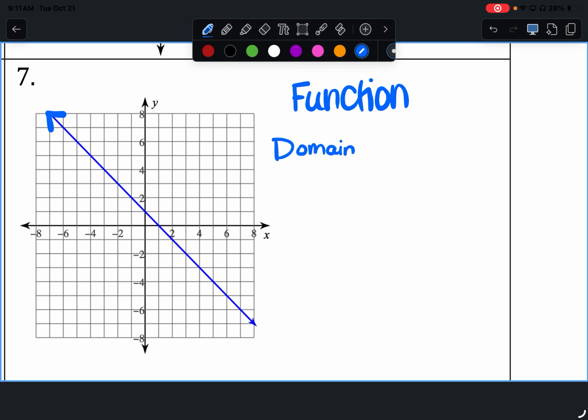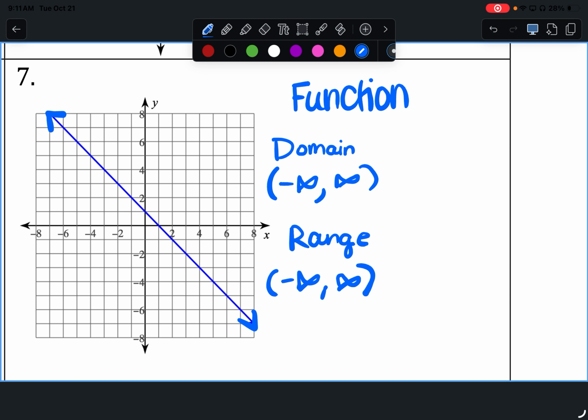Does that mean it ever stops? So what would be to the left forever? Negative infinity. What would be to the right forever? Okay, then for range, does this graph ever stop going down? So what's down forever? Then what's up forever?